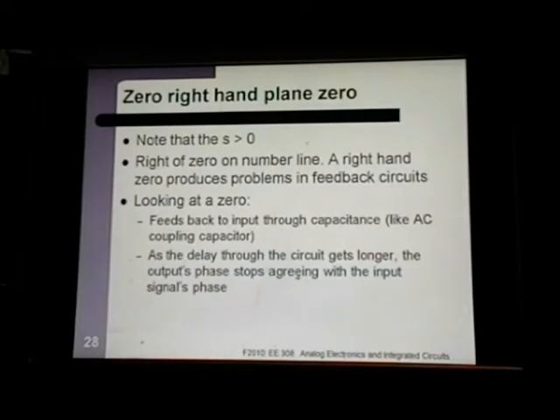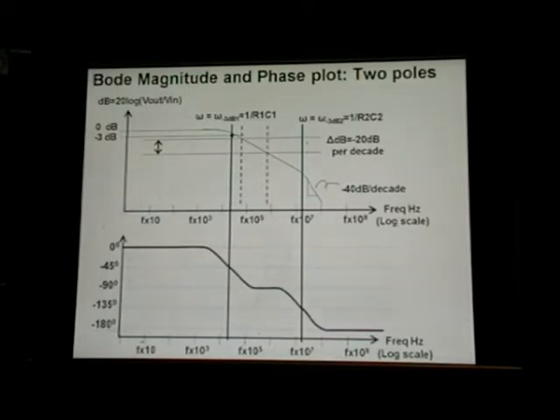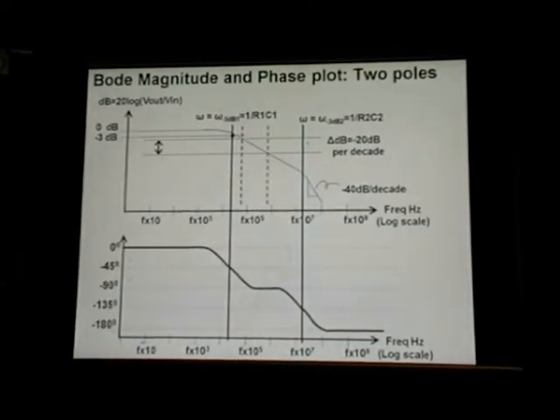Okay, let's see what else. As mentioned, the phase, as your frequency starts to go up, your input can get out of phase with your output. And again, we'll be looking at that on Monday a little more. But just in general, with a pole, what you see is that there is a 90-degree change in phase at each pole.